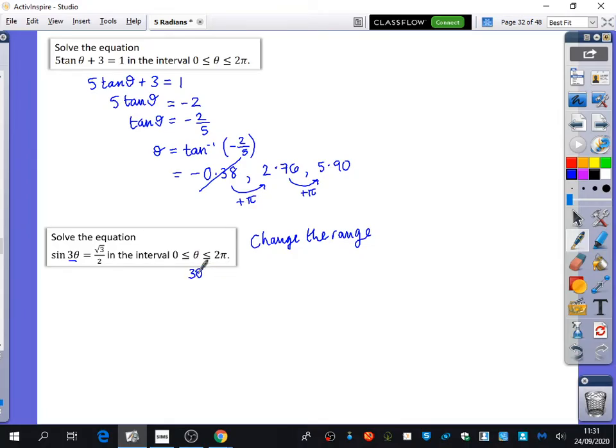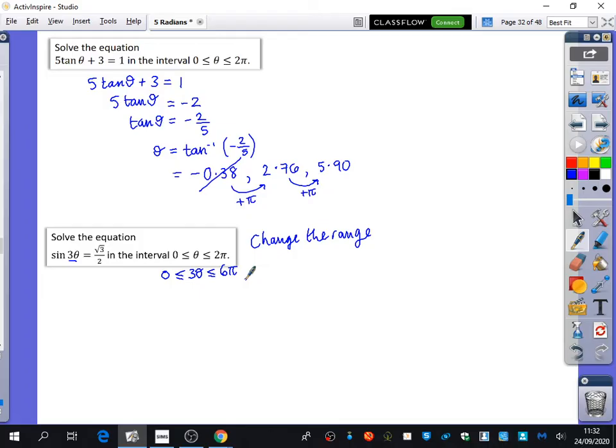And to go from theta to 3 theta, I've multiplied by 3. So I'm going to multiply that by 3, and I'm going to multiply that by 3. So what I'm actually looking for is for my answers to be between 0 and 6 pi, and then you'll see what happens afterwards, okay?